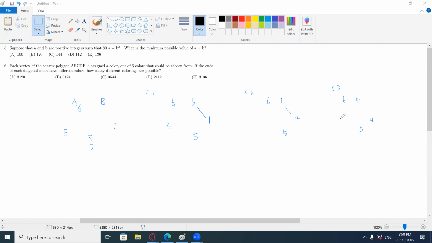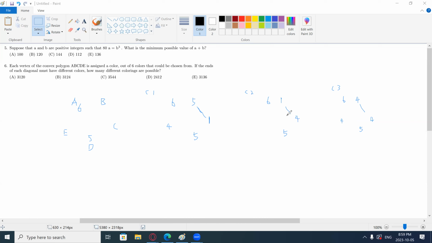And since this B over here is different, more importantly the color at E would have 4 choices, because these two choices are different. So the color at E will get reduced down to 4 choices.